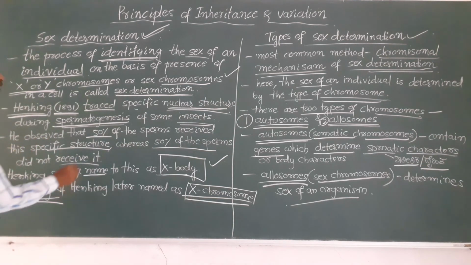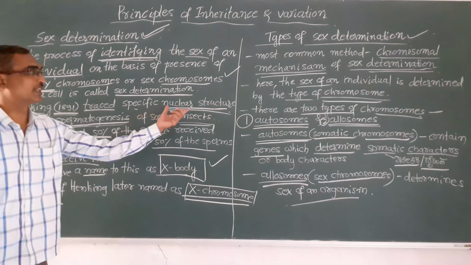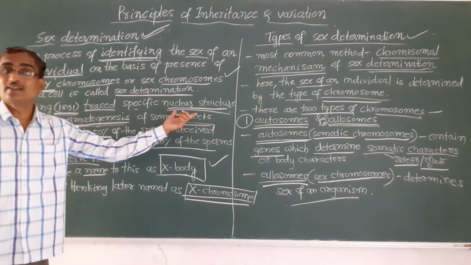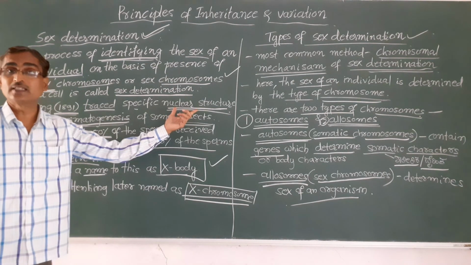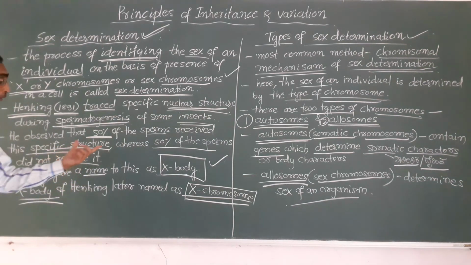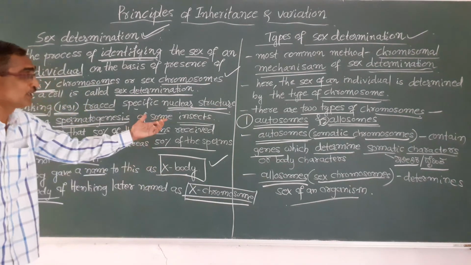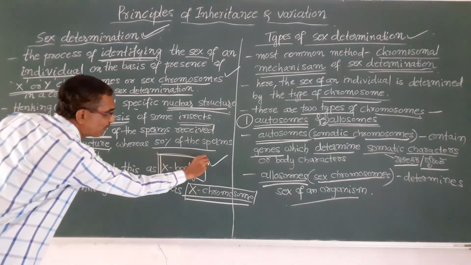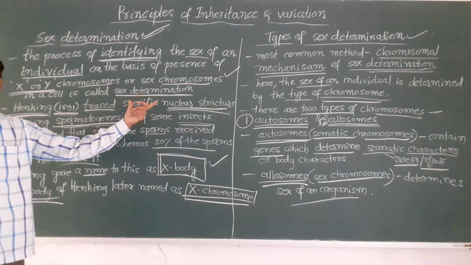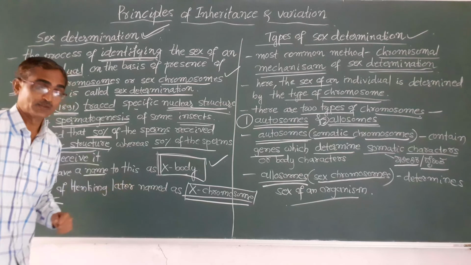Further, he observed that 50% of the sperms received this specific nuclear structure and 50% of the sperms did not receive it. Henking gave the name X body to it, because he did not know anything about it.